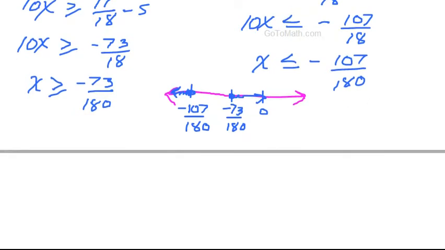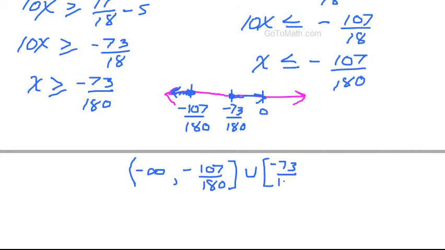Okay, so we'll go ahead and write this interval out now. We got negative infinity to negative 107 over 180, and we use brackets, right, because we're including it, union, then a bracket, negative 73 over 180 to infinity. How's that?